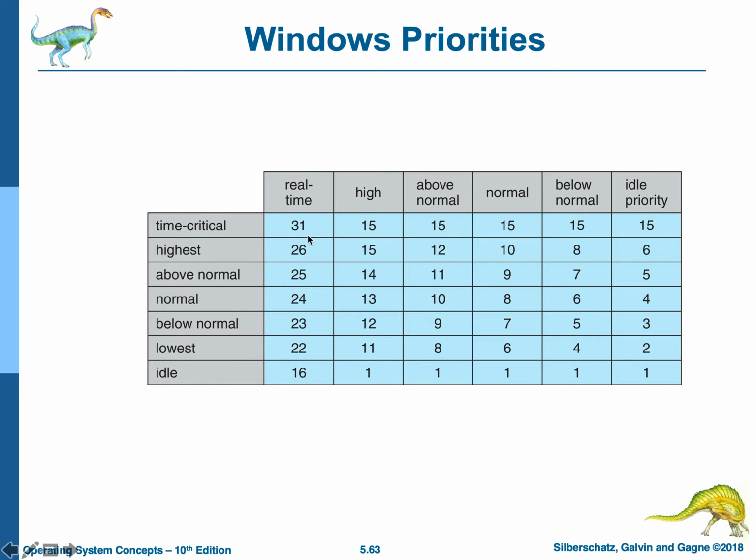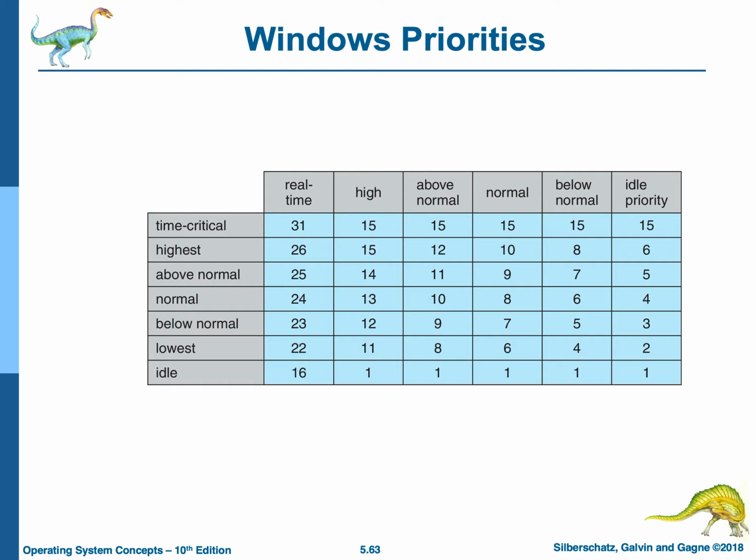One thing I must tell you: in theory, when we say highest priority we say 1, and when it's the lowest priority, let's say 30. But when you are working with programming, you set the priority in inverse order. 31 is the time critical, real time system with the highest priority, and then high priority is 15.